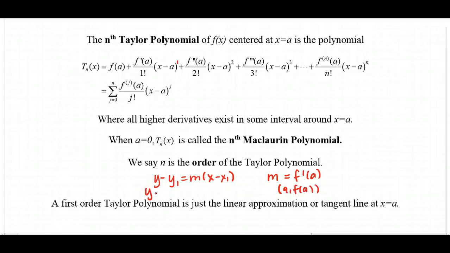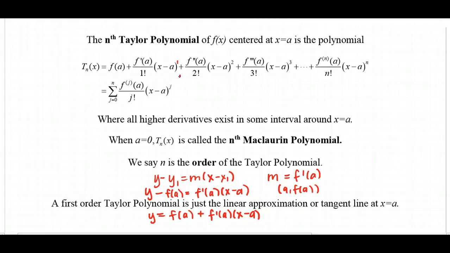So y minus f of a equals m, which is f prime of a, times x minus a. So if I just move this f of a to the other side, y equals f of a plus f prime of a times x minus a.